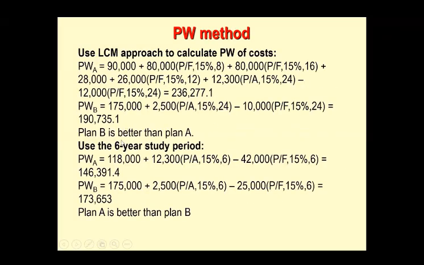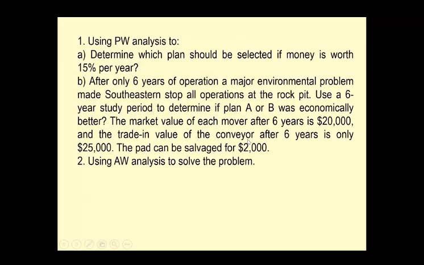Now, this is a 6-year study period. Question B: after 6 years of operation, a major environmental problem made Southeastern stop all operations, so they use a 6-year study period to determine whether plan A or B was economically better.